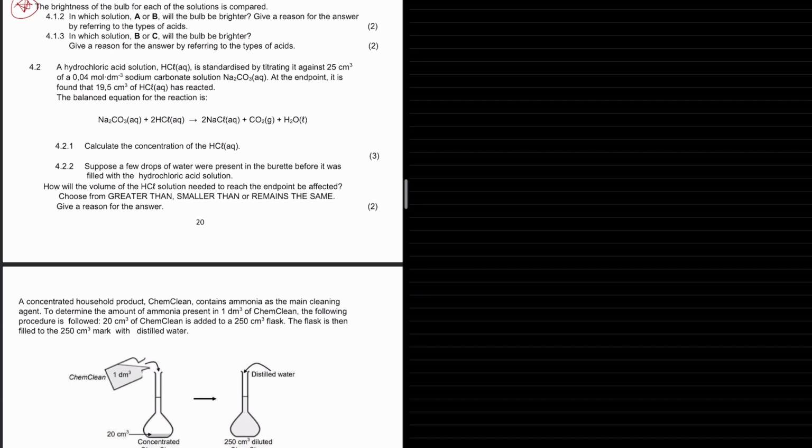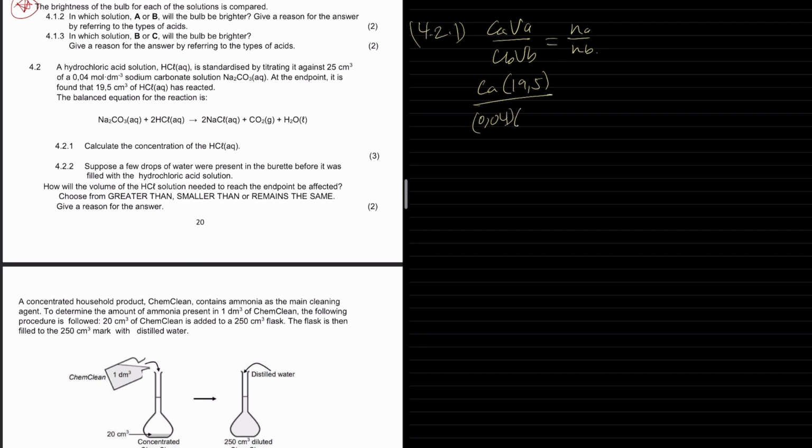So it reached endpoint, so we can use our formula CAVA over CBVB is equal to Na over Nb. Now, they want to know the concentration of my acid, so Ca is unknown. The volume of the acid is 19.5, divided by the concentration of the base, which they've given us as 0.04.